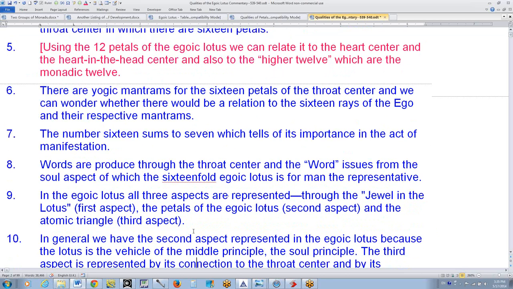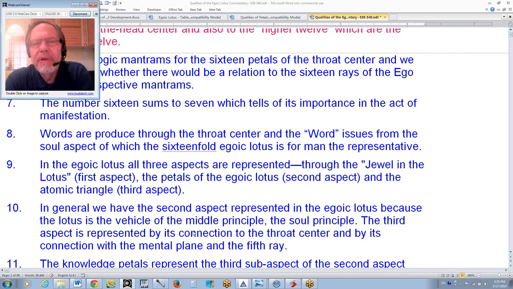Whether we have that kind of numbering for all higher beings, one doesn't know, but there seems to be a certain consistency about it. So in the Egoic Lotus, all the three aspects are represented. We say the jewel in the lotus, first aspect, the petals of the Egoic Lotus, the second aspect, and the atomic triangle, the third aspect. That's one way to do it.